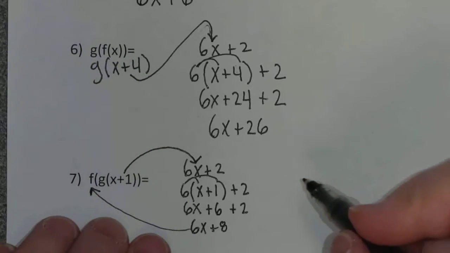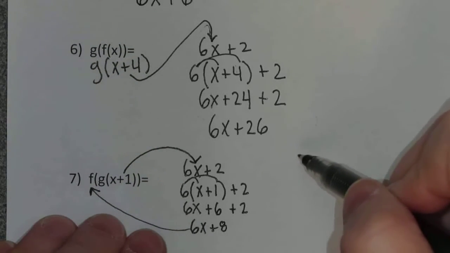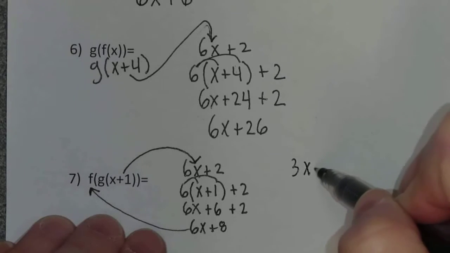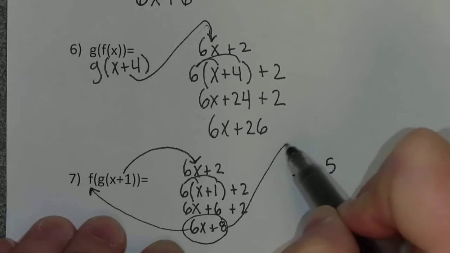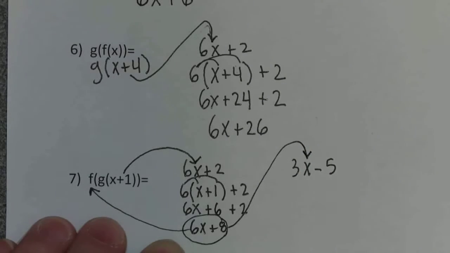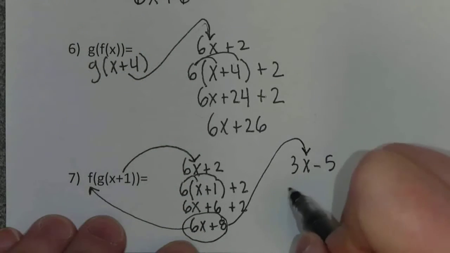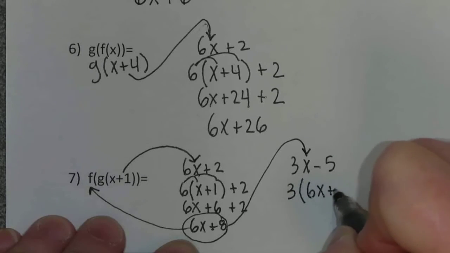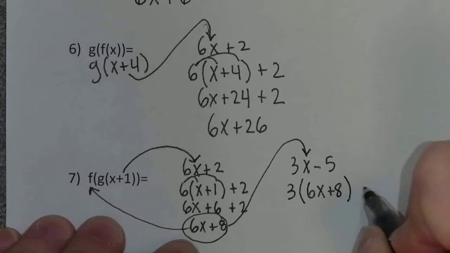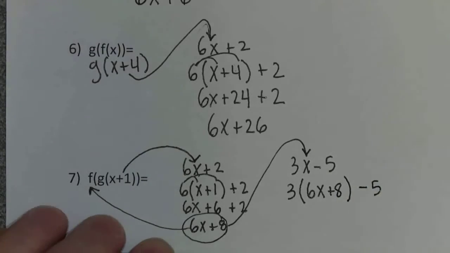So I'm going to come over here and I'm going to write down my F function, which is 3X minus 5. And this gets substituted in place of the X in the F function. So I'm going to have 3 times 6X plus 8. And then minus the 5 off.